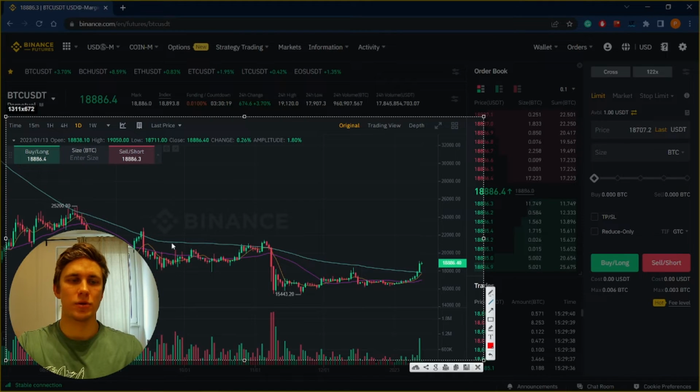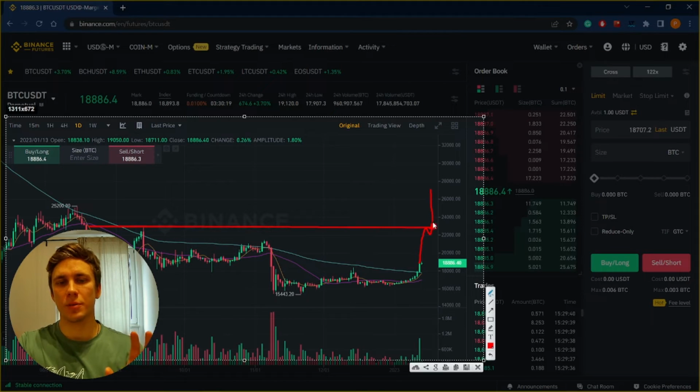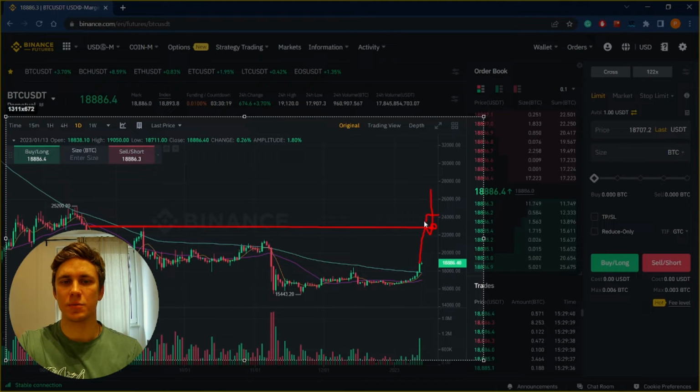For example, you are trying to catch the breakout from the horizontal level, the price comes up and breaks this level. Your entry point should be here, but using the web terminal, your entry point in fact would be somewhere here, and you lose this potential.